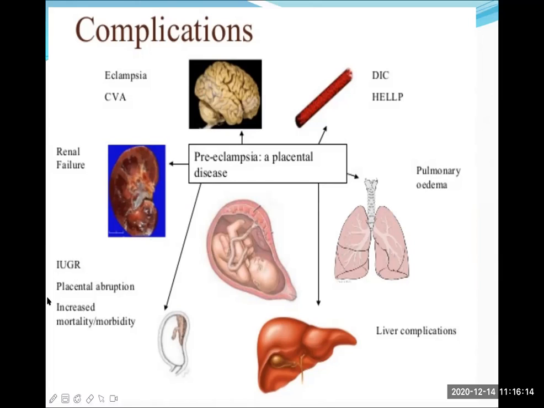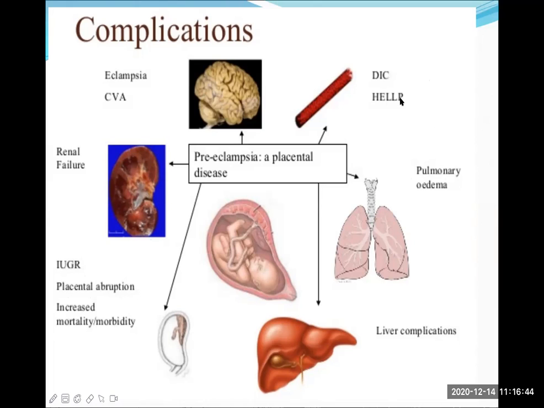Once again, there is intrauterine growth retardation in the baby. There is placental abruption, or abruptio placentae, which is a premature separation. There is increased mortality and morbidity of the baby. There may be development of disseminated intravascular coagulation. It can be directly produced by very high blood pressure because of different complications, or it may be associated with abruptio placentae as well.